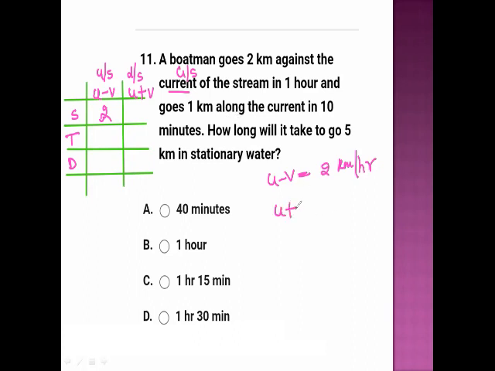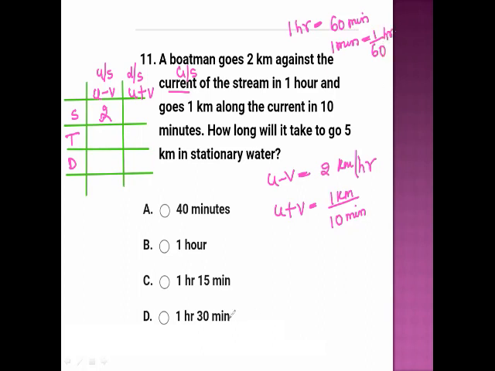So they have given u plus v, the downstream speed, which is 1 kilometer divided by 10 minutes. We know that 1 hour is equal to 60 minutes. This means that 1 minute is equal to 1 by 60 hours.